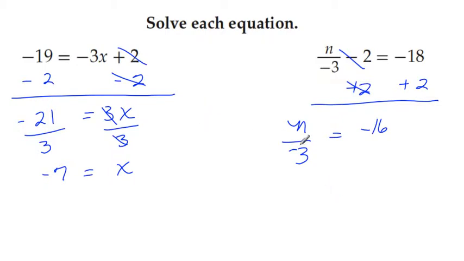Okay, and so then to get rid of that negative 3, the n, the variable, is divided by negative 3, so the opposite of that is to multiply by negative 3. And I'll just put it over 1. And on this side, multiply by negative 3. So these 3's now cancel, and I am left with the variable, which is my goal. N is equal to a negative times a negative is a positive, and 16 times 3 is 48.